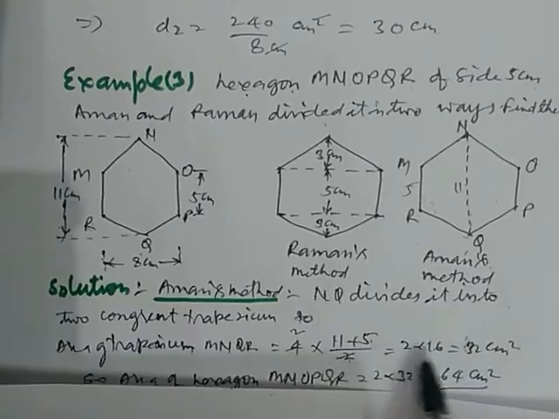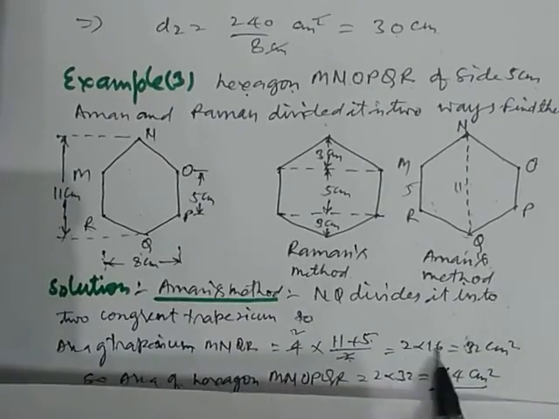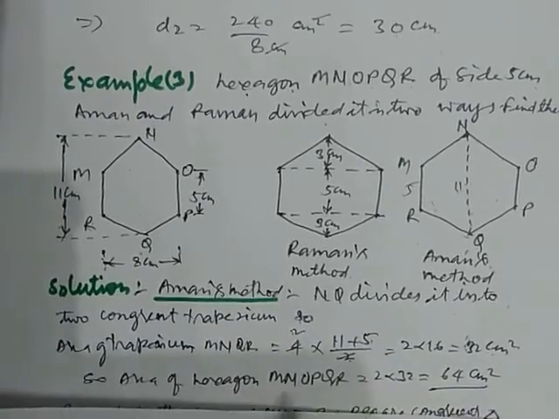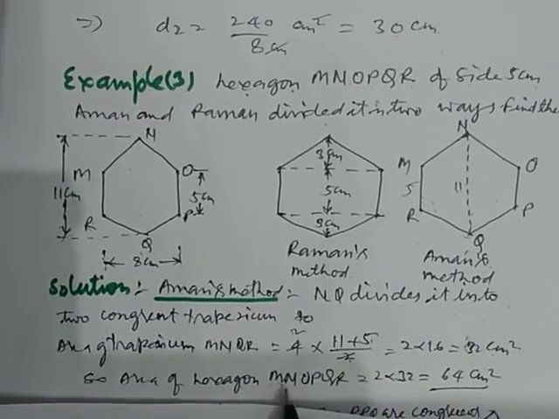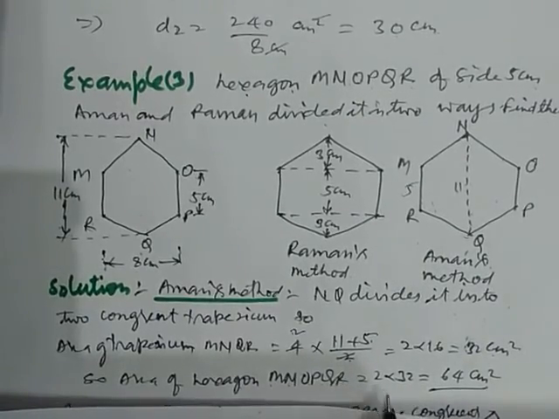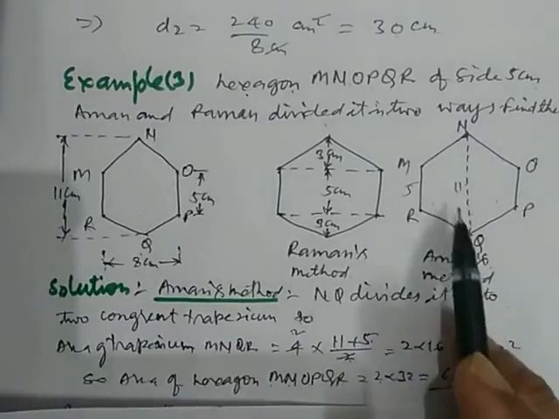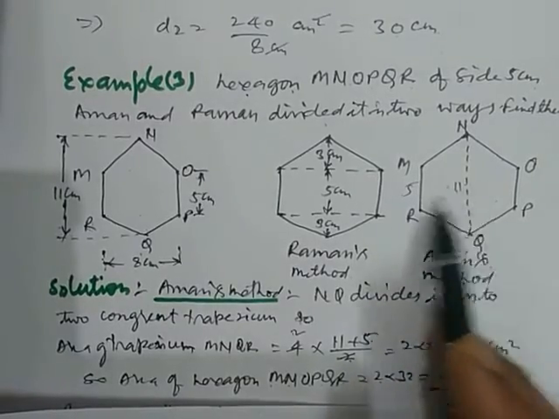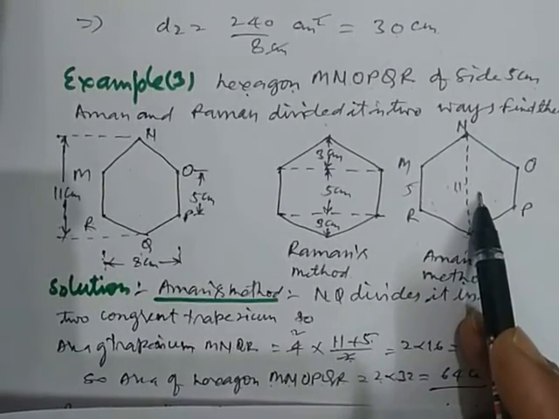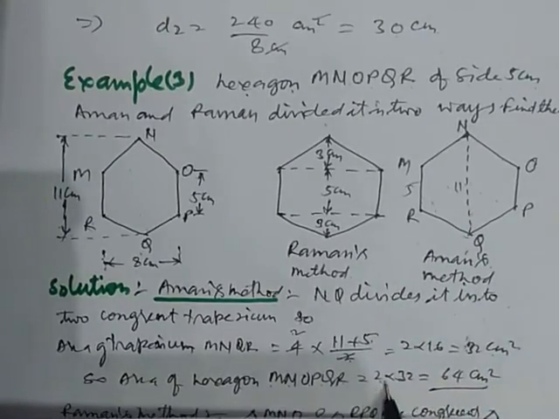So 11 plus 5 is 16, and 2 into 16 is 32 centimeter square. So area of hexagon MNOPQR is 2 into 32, because these both are congruent trapezium. So we double the area. 2 into 32, that is 64 centimeter square.